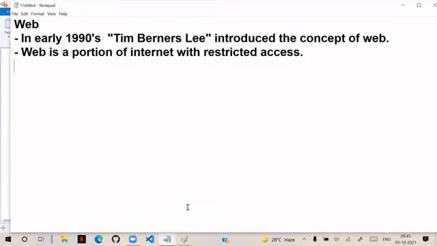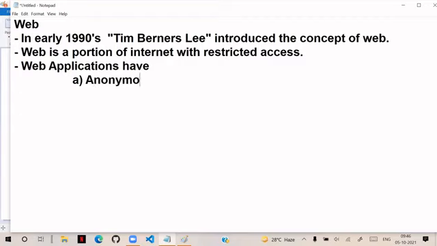So we are developing applications. Our applications are what kind of applications? Web applications. Web applications have two types of users: anonymous users and authorized users.